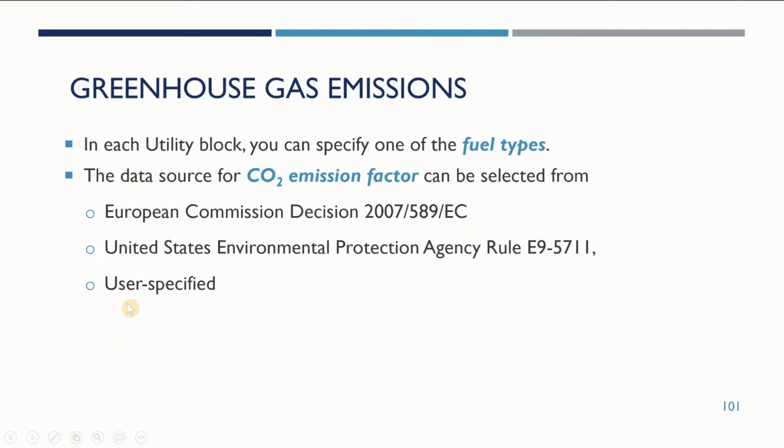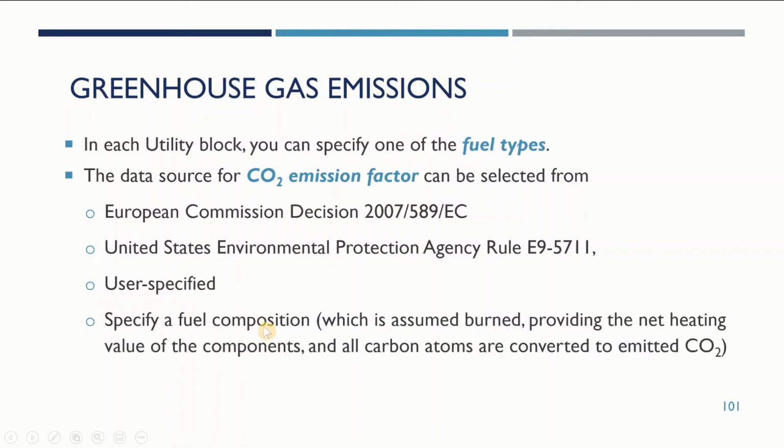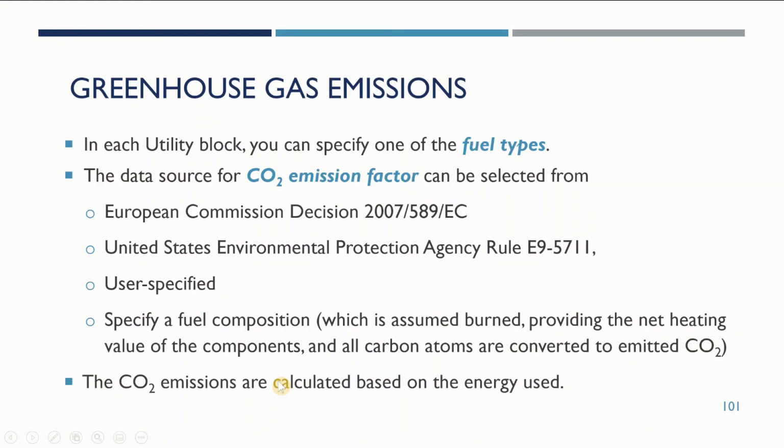Or the user can directly specify an emission factor for the utility by themselves, and also the user can specify a fuel composition, which is assumed burned, given the net heating value of the components and all carbon atoms are converted to emitted CO2. In each case, the CO2 emissions are calculated based on the energy use.